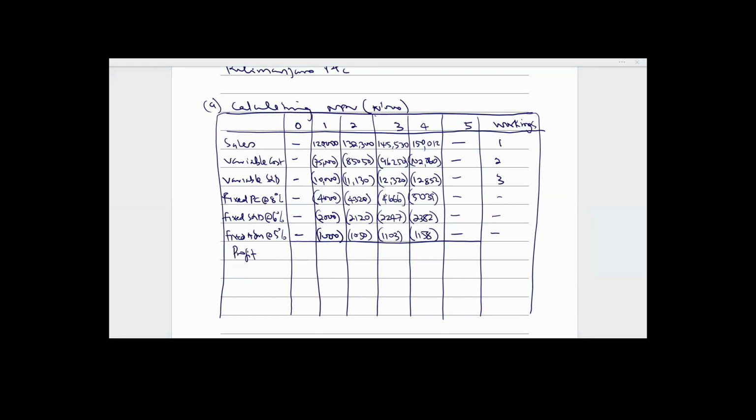Others should do year 2 and 3. 40,012 minus 12,852 minus 5,039 minus 2,382 minus 1,158 equals 26,521.